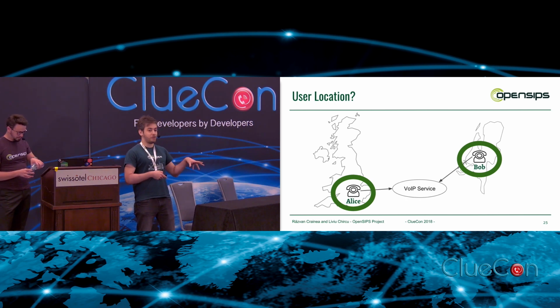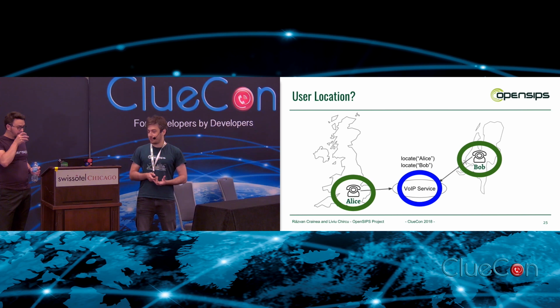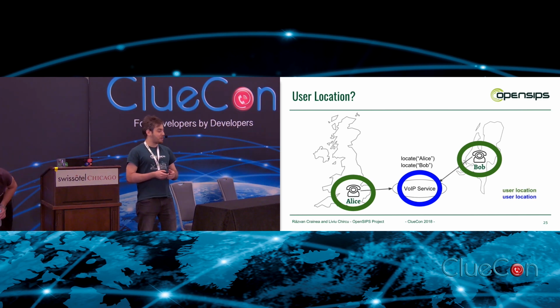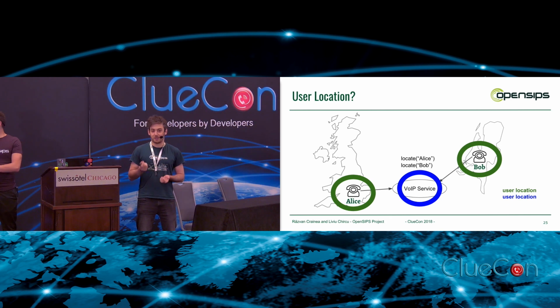And on the other hand, you have the act of locating a user, the verb, right? And most often we talk about the latter one, so the service that locates users, and that's what we distribute. The location itself is just a point, a physical point.